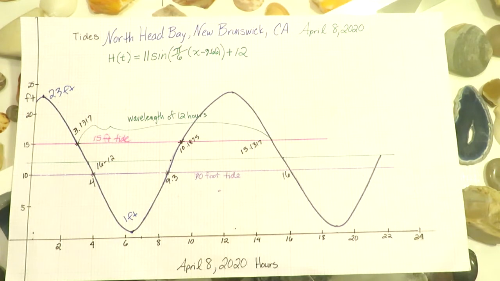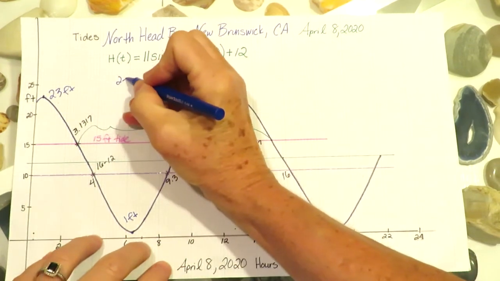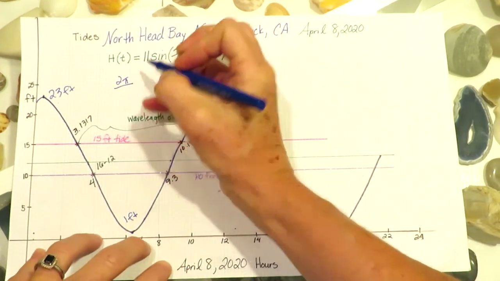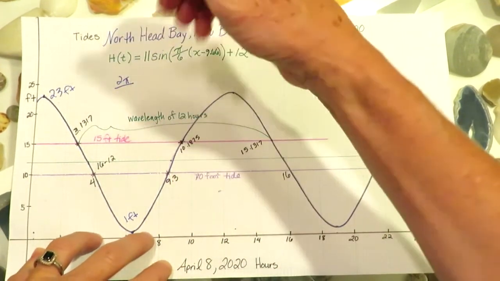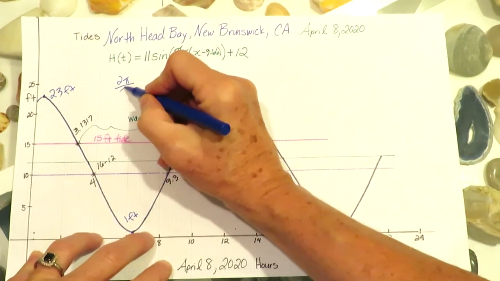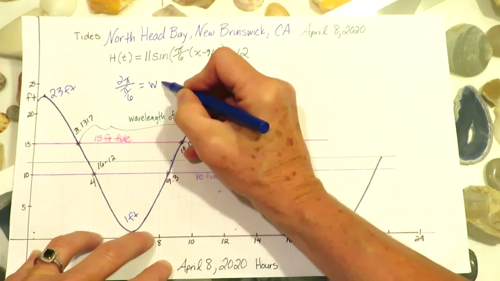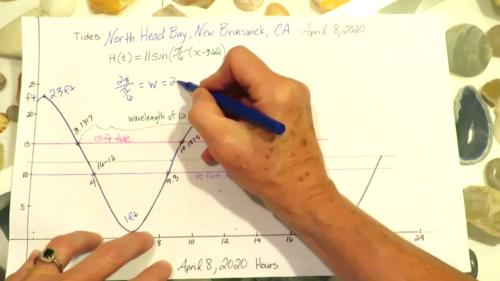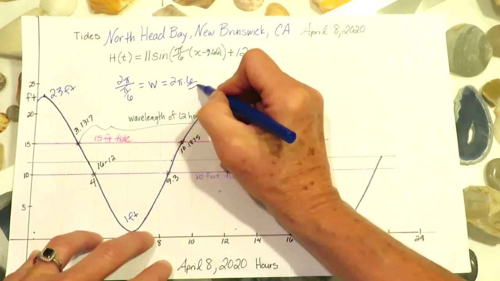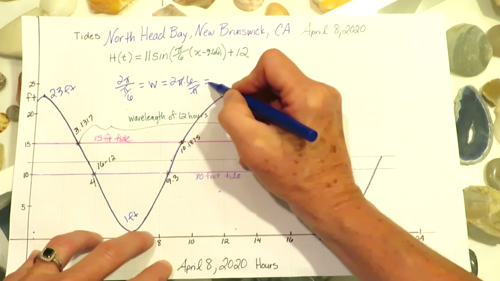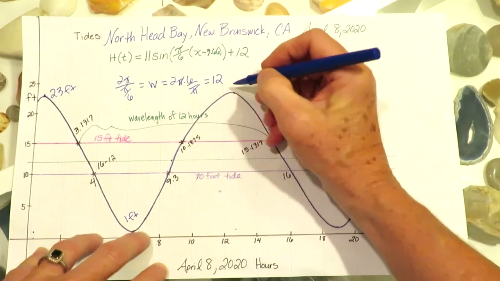Then the frequency is pi over 6, and if you take 2 pi, which is how many radians are in a full circle, and you divide by the frequency, you get the wavelength. And in this case, if we clean that up, the pi's divide out and I get 12. So what does that mean?